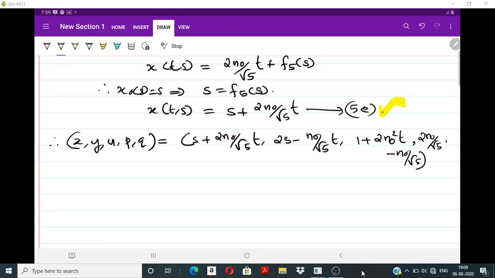Okay. So thus we have solved for x, y, u, p, q. That means the parametric representation of u.